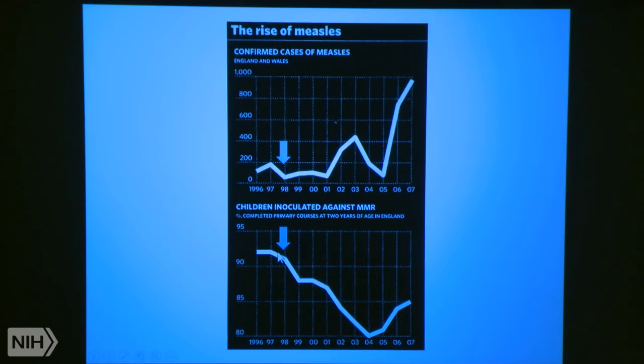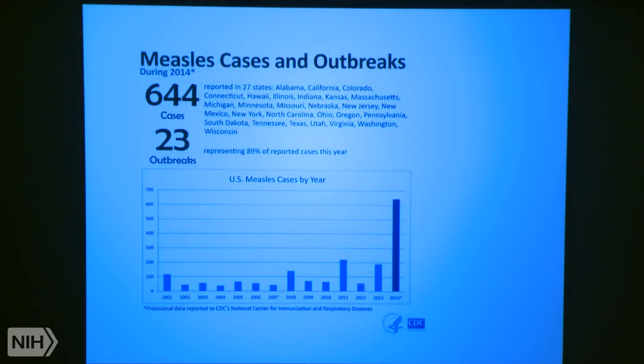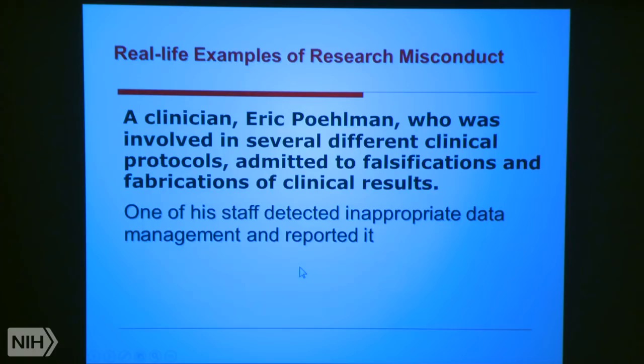For herd immunity, you need over 90% vaccination, and it dropped down to 80%, and you can see there's a big spike in the number of cases of measles. And indeed, the same thing held true here in the U.S., where there have been spikes of measles, whereas before it was pretty under control.